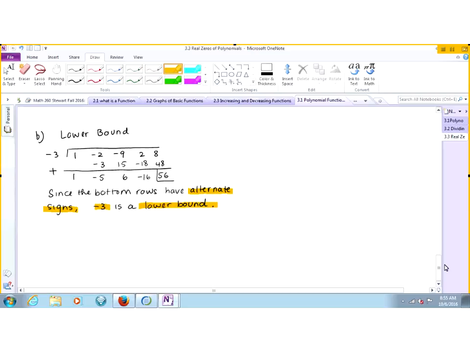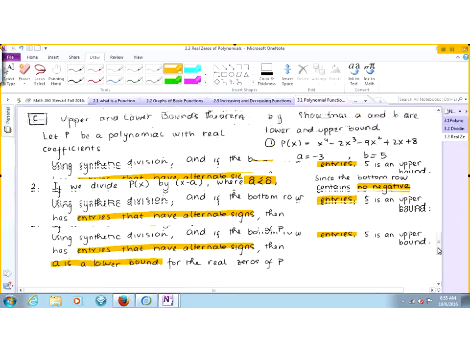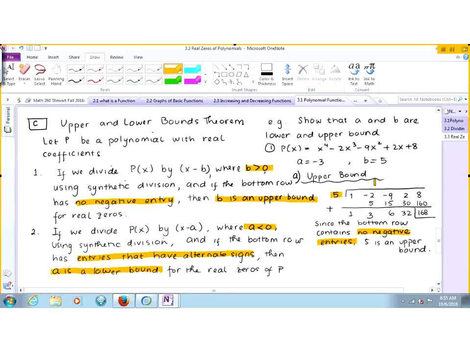So this is what happens. Sometimes it's from the list of your rational zeros. So if you know that negative 3 is a lower bound, would you try negative 5 when you try to find the rational zero? You won't, right? So if you know that 5 here is an upper bound, would you try 8?